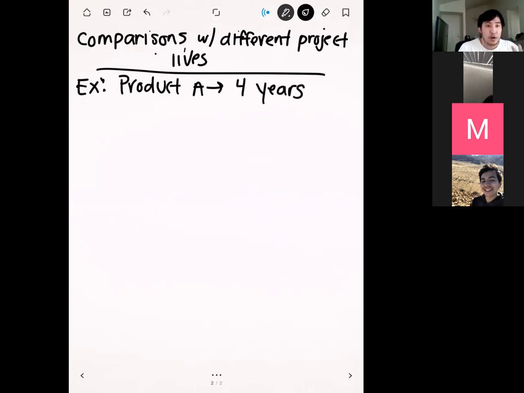We're deciding if we want to go with product A or with product B. Product B is a comparable product. It's one of the competitors, and it has its own initial cost, maintenance, and all that. It does roughly the same things as product A, but instead of lasting 4 years, let's say that this one lasts 8 years.